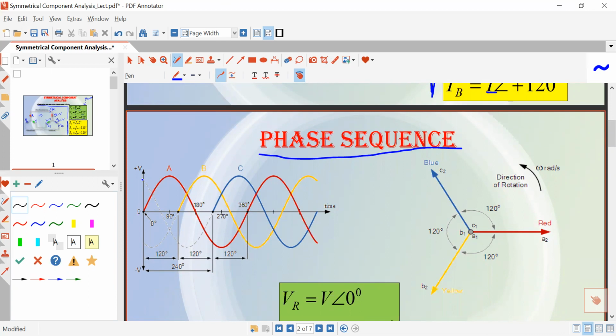Here there are three phases: phase R, phase Y, and phase B, and you can see the magnitude of each phase is the same. This is Vm.